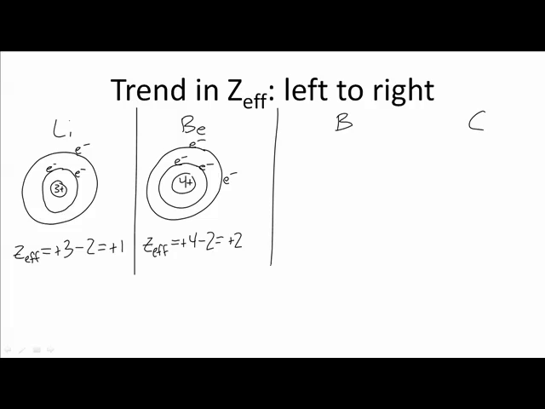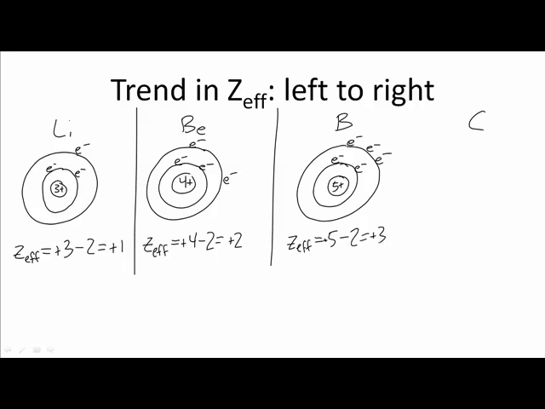All right. Boron. How many protons? 5. Still 2 1s electrons. And now how many valence electrons? 3. The effective charge is going to be now 5 minus, still 2 core electrons.